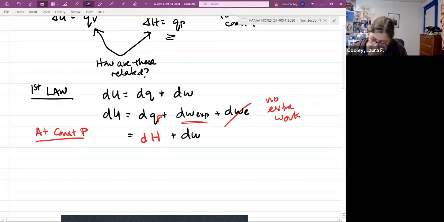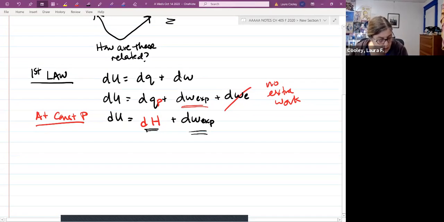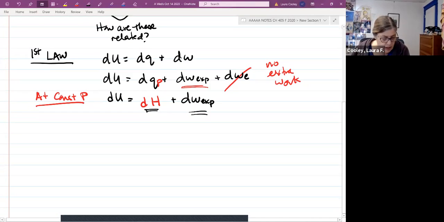So we have this formula, that the change in internal energy is the change in enthalpy plus the work. Okay, so what this tells us, because we could look at the integrated form of this, well, we don't have to. We can just think about it in terms of differentials. That these two are not equal if there's expansion work.